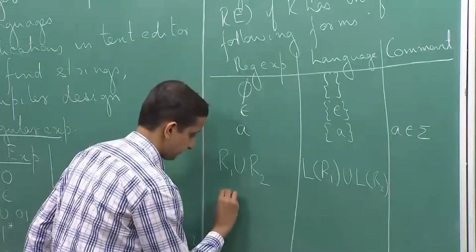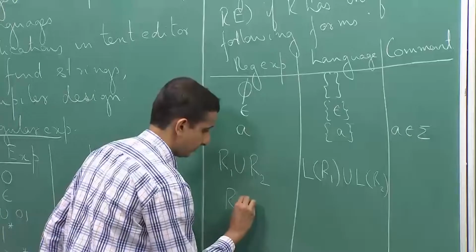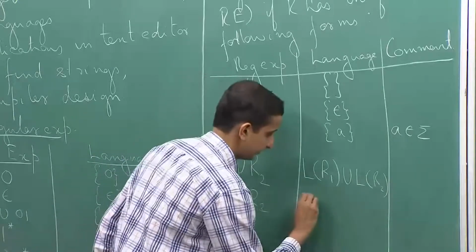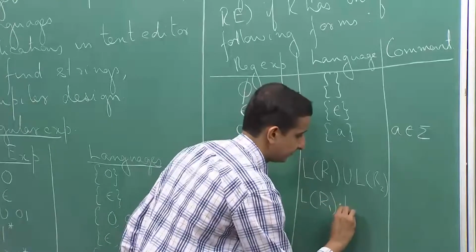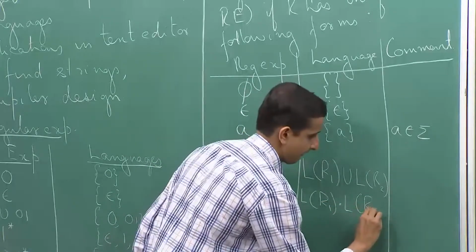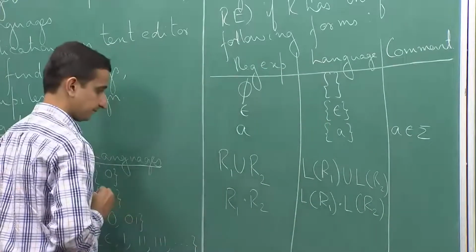We have R1 dot R2, which is L of R1 concatenated with L of R2.